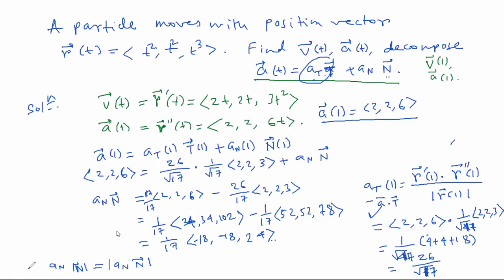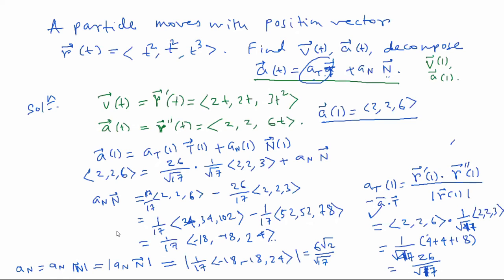If you take the length of this, that becomes your n. So I'll let you do that. I think the answer is going to be 6 square root of 2 over square root of 17. Then the normal vector is you just divide this by this number.